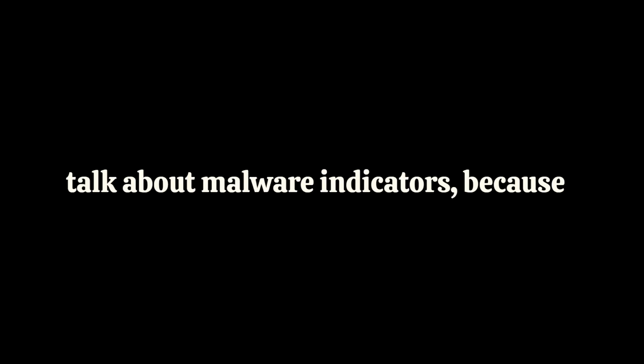Now let's talk about malware indicators, because the exam often asks you to recognize signs of compromise. Common malware indicators include unusually slow system performance, unexpected pop-up windows, unauthorized account activity, disabled antivirus software, excessive network traffic, encrypted or inaccessible files, unknown applications or processes, browser redirects, system crashes or instability.